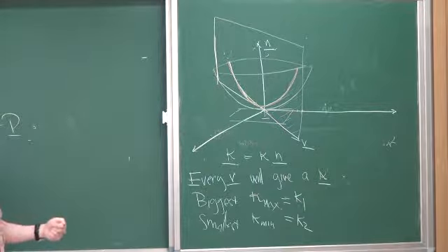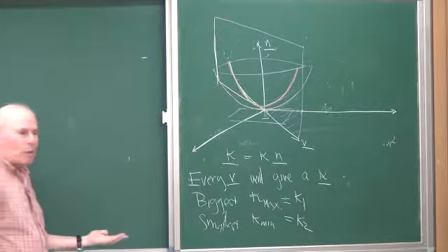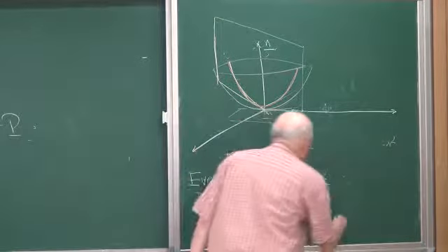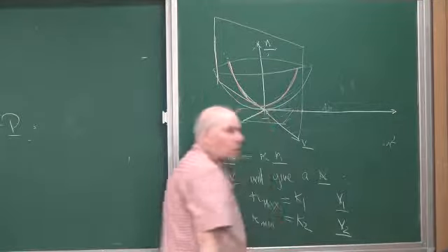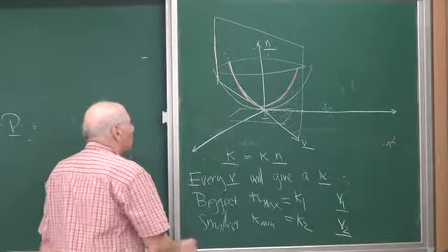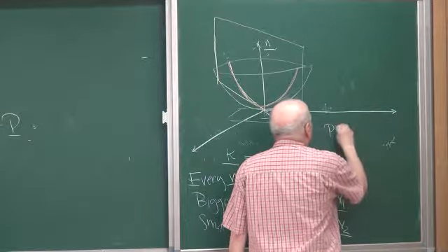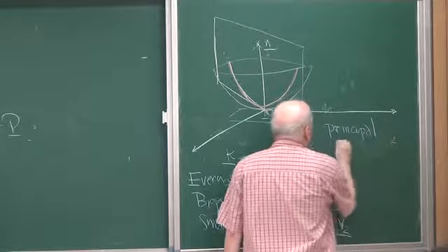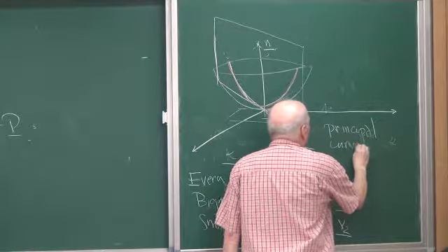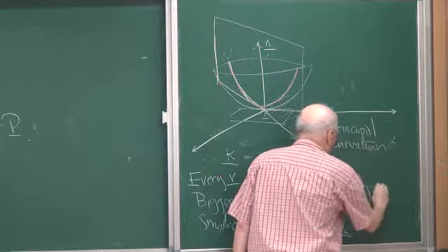The largest one will occur for some V1, and the smallest one will occur for some V2. So there's a V1 vector and a V2 vector. These are called the principal curvatures, and these are the principal directions.